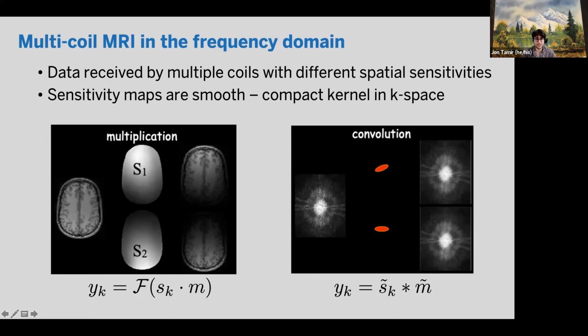But we can also represent this explicitly in the Fourier domain as a linear convolution, where we use the kernel of the sensitivity maps convolved with the kernel of the image, and then that is sampled to give us our data. And in particular, the sensitivity maps are smooth. And that means that they'll have a compact kernel in k-space. So they don't necessarily need to be represented by the full size k-space kernel.